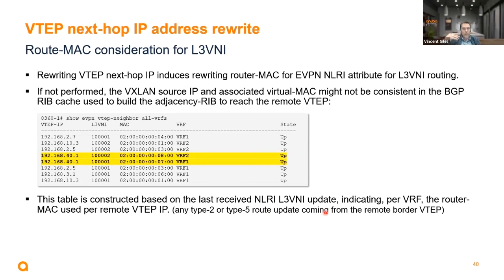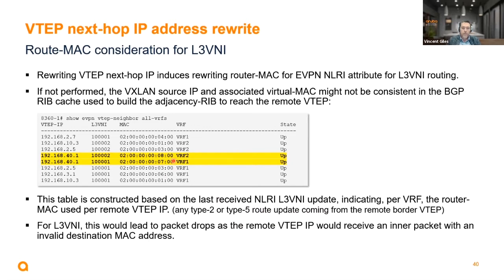So if that remote VTEP does not override correctly the router MAC as well, it might screw up that table and you get dropped. So that's why we have to take care to make sure that there is consistency and this router MAC is properly rewritten.